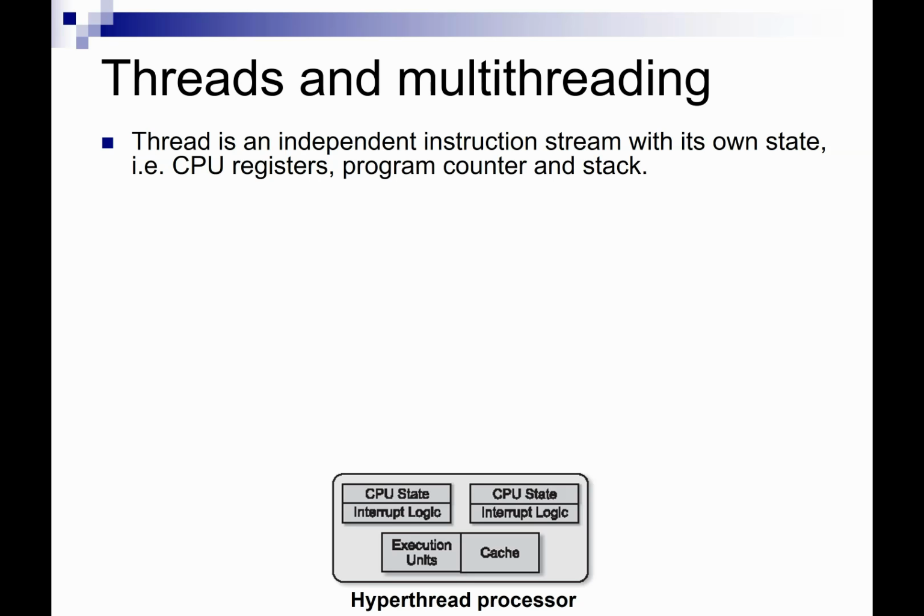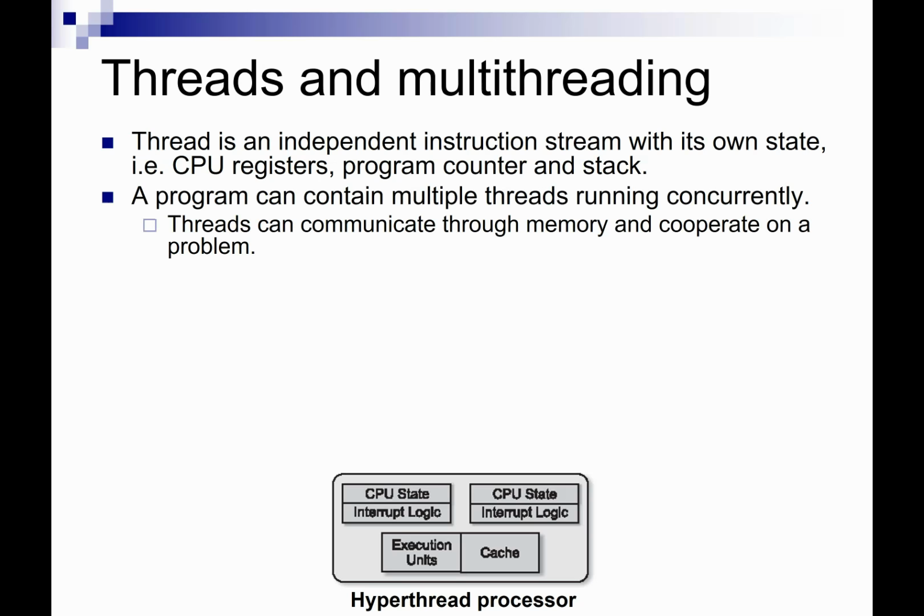In order to run multiple threads, you need to keep track of multiple thread states. Each thread needs to have its own set of registers, its own program counter and stack. Now a program can run multiple threads simultaneously, and because these threads are running on the same processor, they can communicate either through the memory or through the cache, and they can cooperate on a problem.